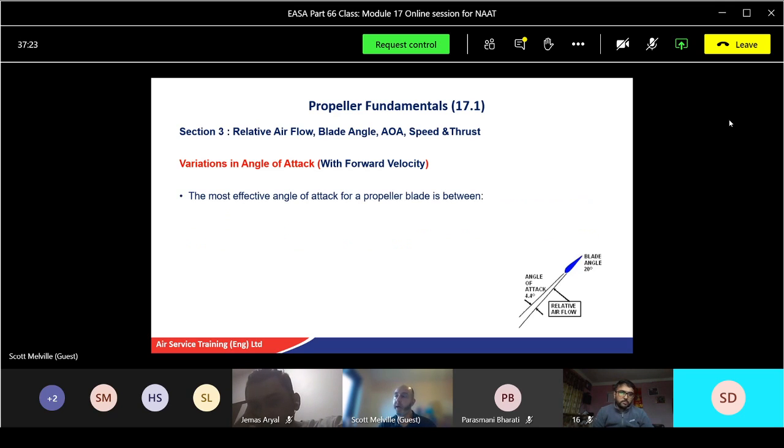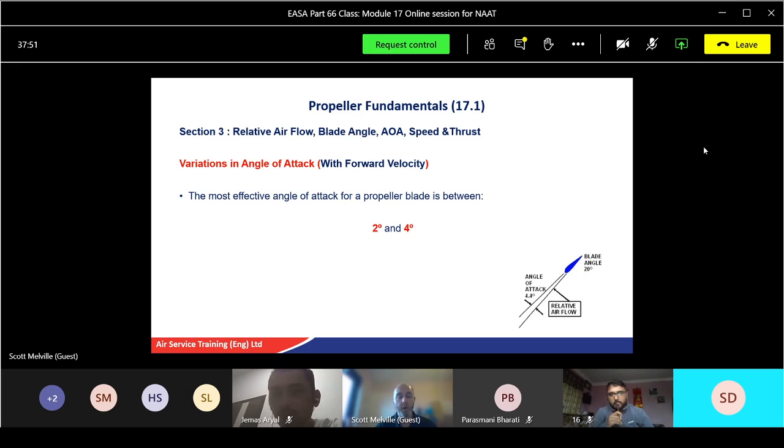So, most effective angle of attack for a propeller is between, anybody guess? You go back to Module 8. What was the general angle of attack for a good basic flight? Quite a small number. 4 degrees, thereabouts. Yeah, 3 to 4, 2 to 4 degrees.